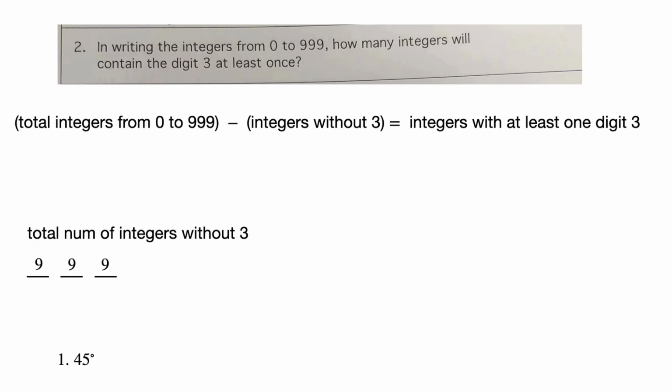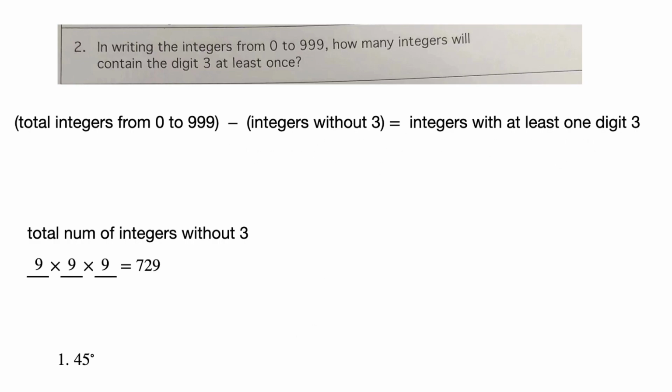And since how we choose a number for each digit is independent of the others, we multiply these possibilities together, giving us a total of 729 numbers from 0 to 999 without the number 3 appearing in their digits. Now we can go back to our big equation and start to plug things in.